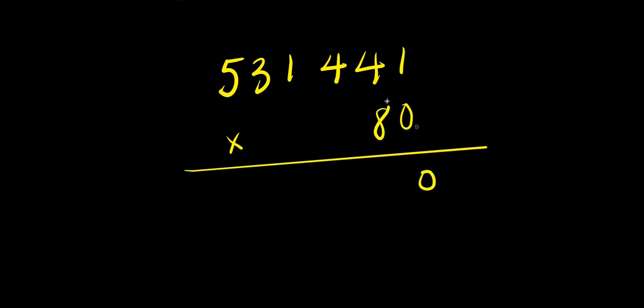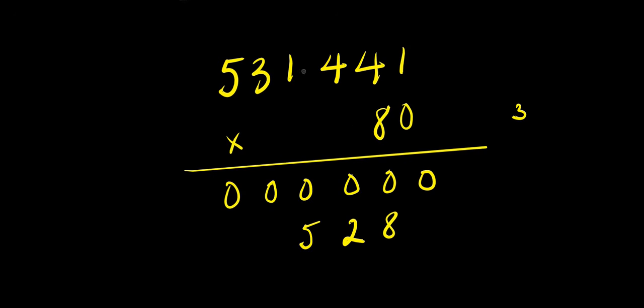531,441 times 80. 0 times 1, 0 times 4, 0 times 4 again, 0 times 1, 0 times 3, 0 times 5, 8 times 1, 8 times 4, that is 32, 2 carry over 3. 8 times 4, 32 plus 3, 35, 5 carry over 3. 8 times 1, 8 plus 3, 11, 1 carry over 1. 8 times 3, 24, 24 plus 1, 25, 5 carry over 2. 8 times 5, 40, 40 plus 2, 42.